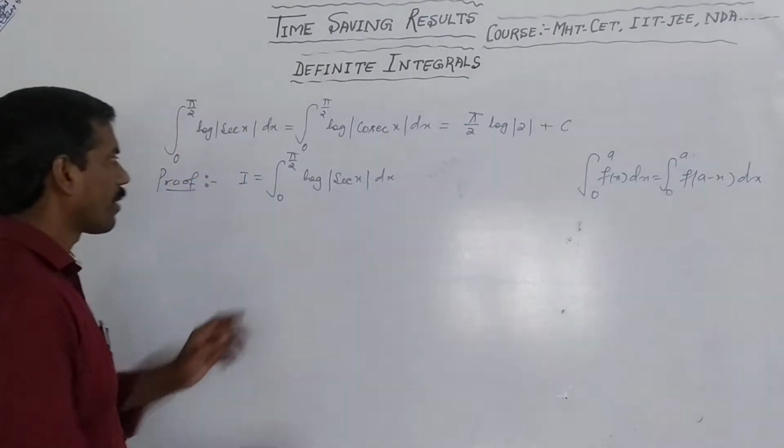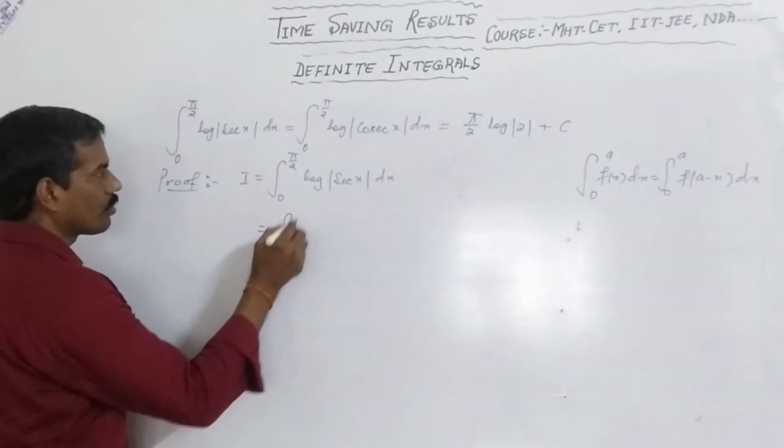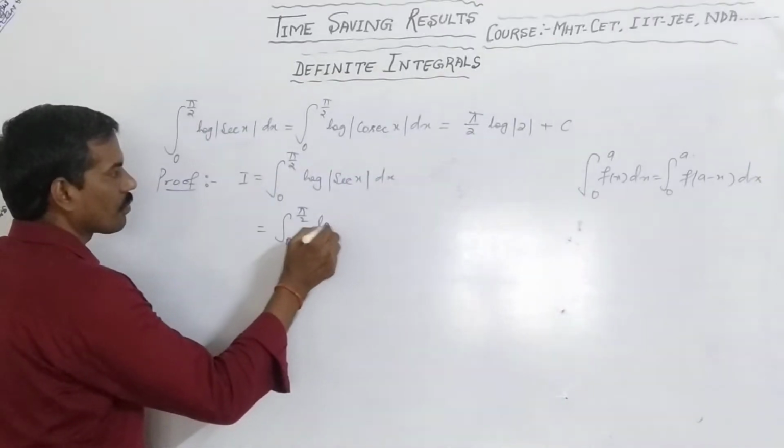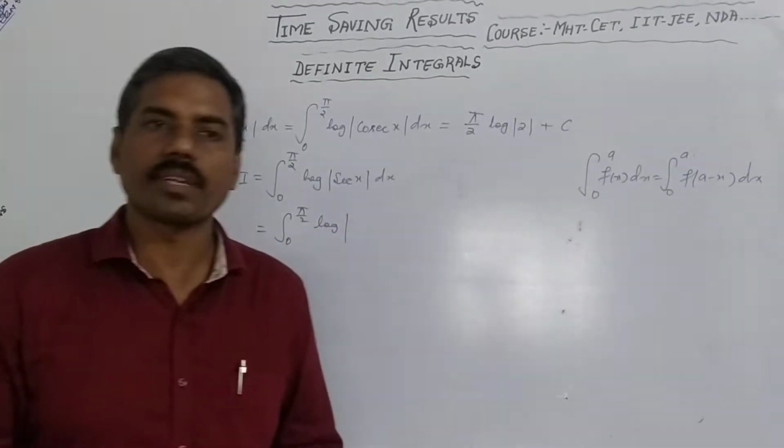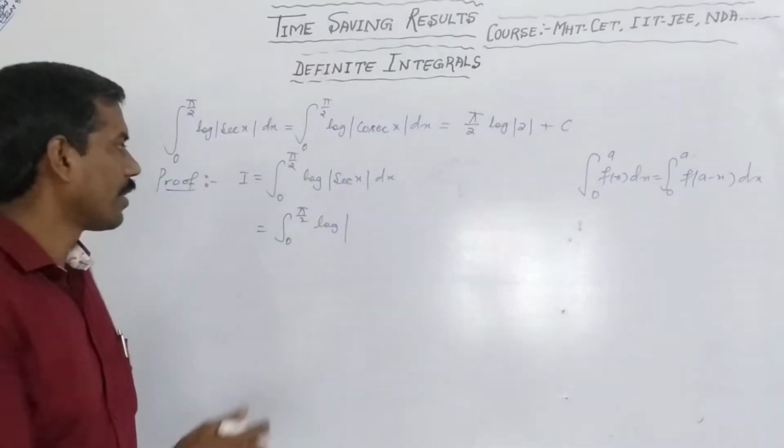Applying that, we get integral from 0 to pi by 2 of log of mod of sec of pi by 2 minus x, that is cosec x, right?